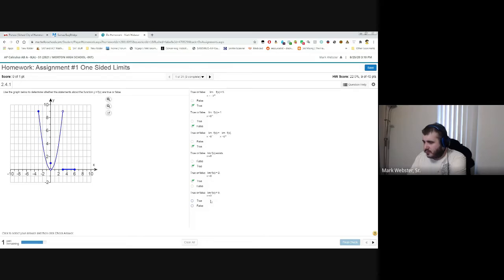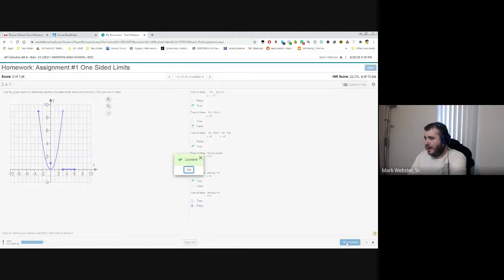And now we're going to say true or false. The limit as x goes to 3 is 9. Now, here's the thing with this one. Notice that there's no other side. So I think this should be false. Because you can't have a two-sided limit here. Hey, I was right.